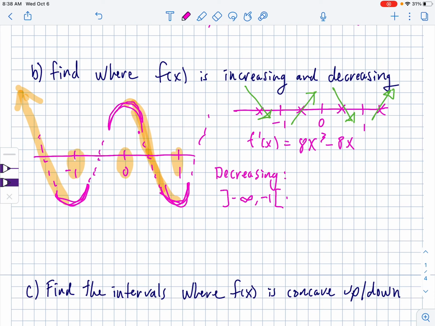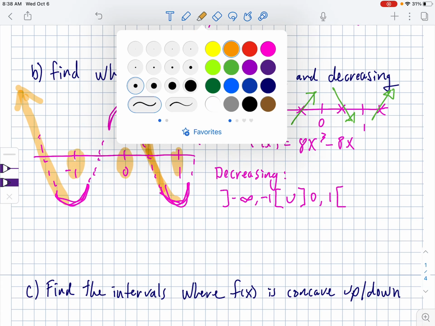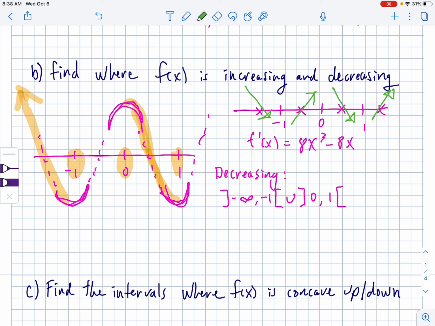So that would be negative infinity all the way up to -1, not including it, unionized with the next section, which is 0 to +1, not including. Then for increasing, it's going uphill from -1 to 0, and then it's going uphill again from here to infinity.